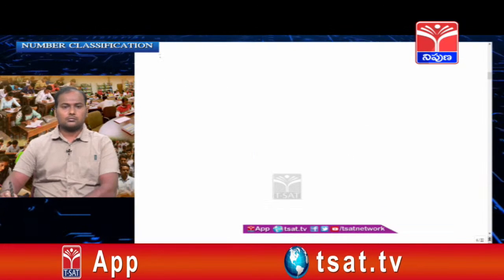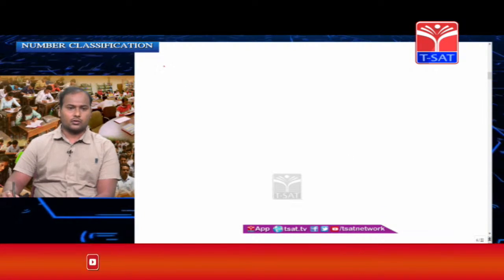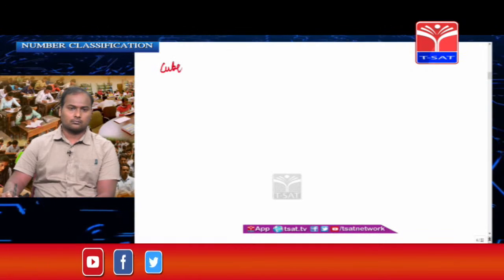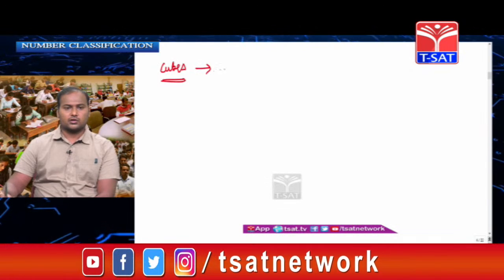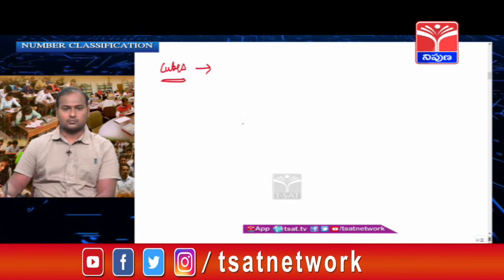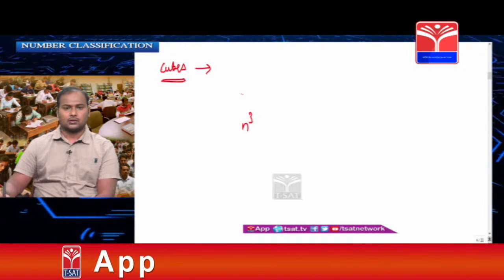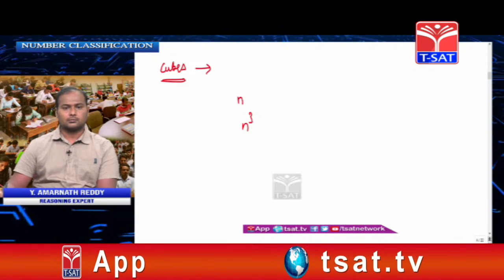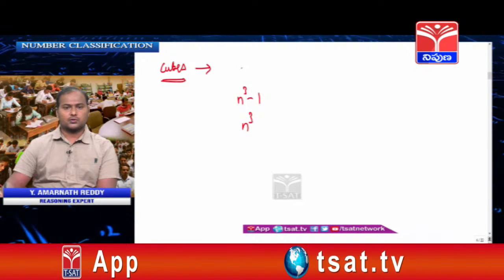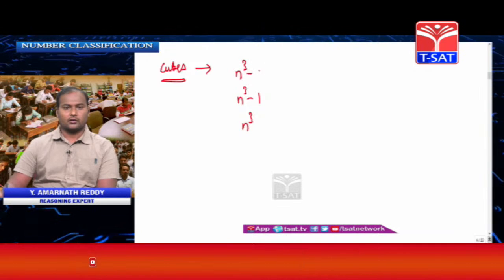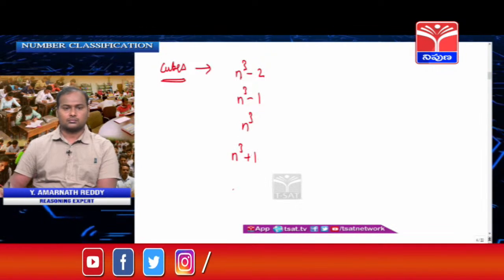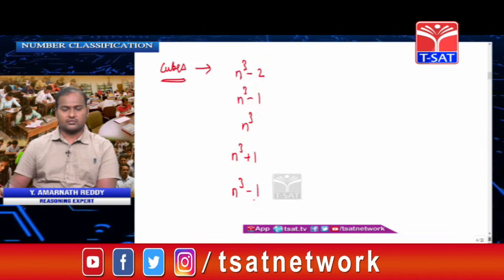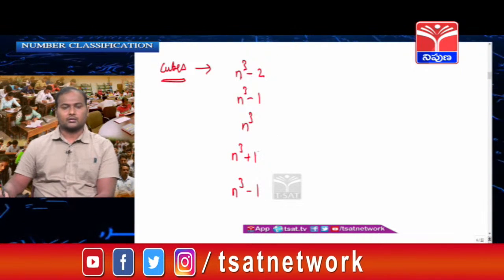The next thing the student should know is cubes. These cubes are very, very important. In these cubes, we can expect n cube. Here also the format is the same: n cube minus 1, n cube minus 2, and in the same way n cube plus 1 or n cube minus 1 formats also.